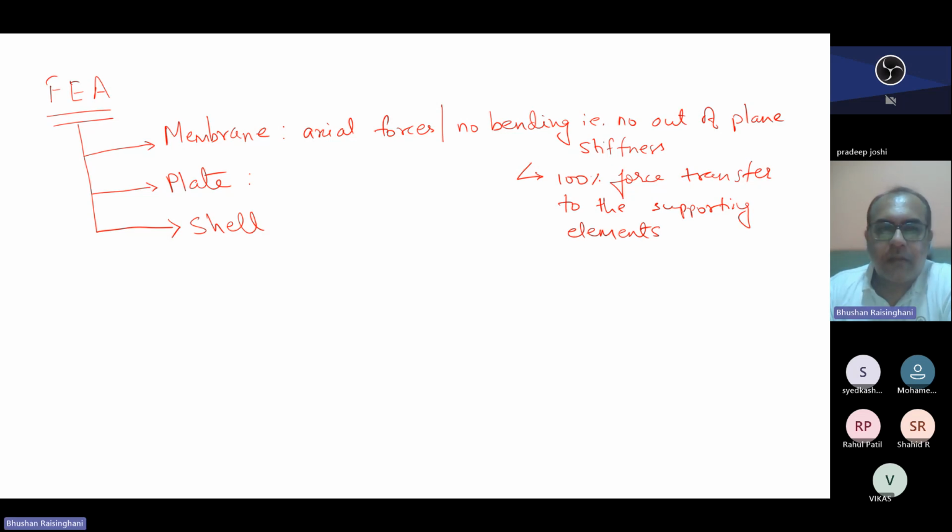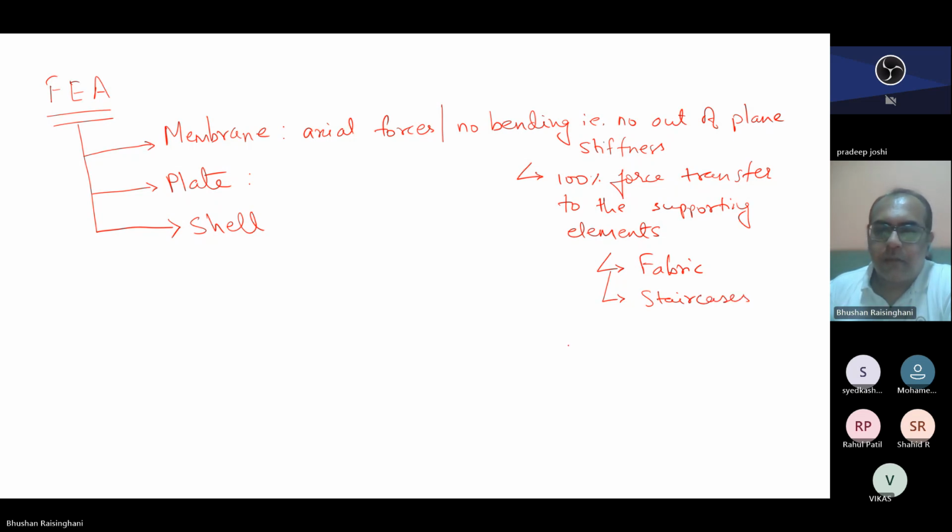So in what type of structures do you find membrane action? If we try to enlist this, number one is the fabric. Second example would be staircases.